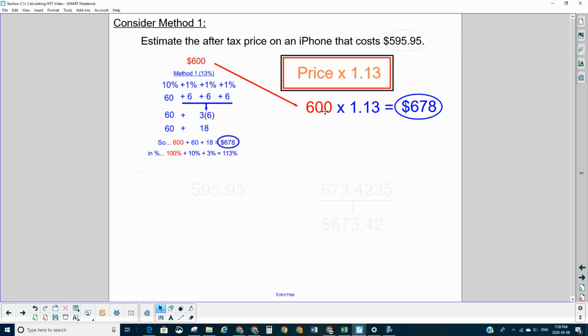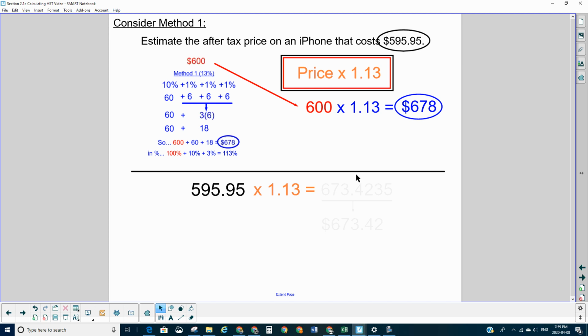If we want to calculate the actual price, we need to consider the actual cost. So it's $595.95. Today we're going to calculate this. So instead of using an estimate, we're actually going to use 595.95 times 1.13.